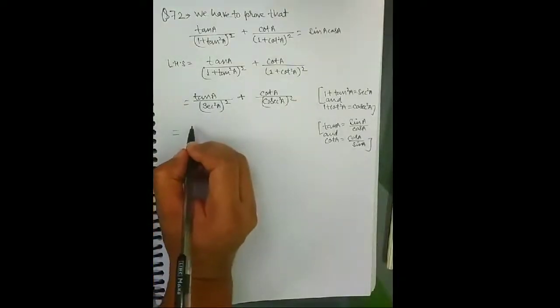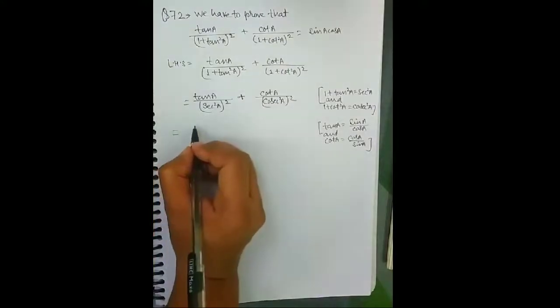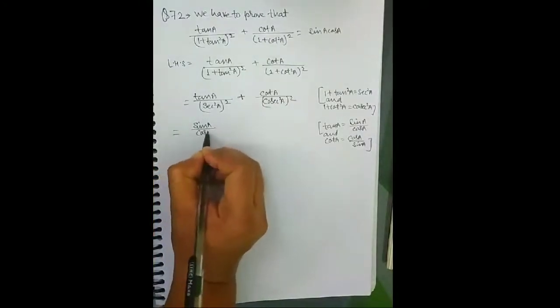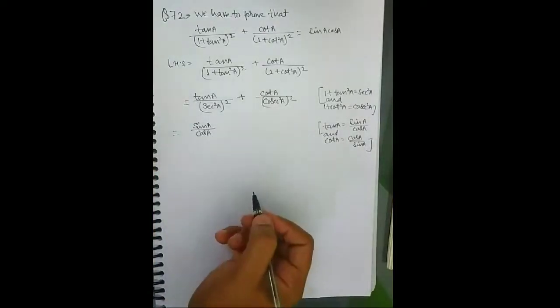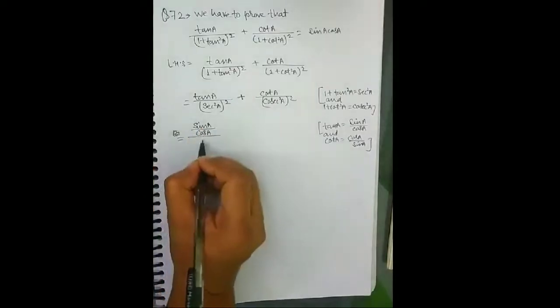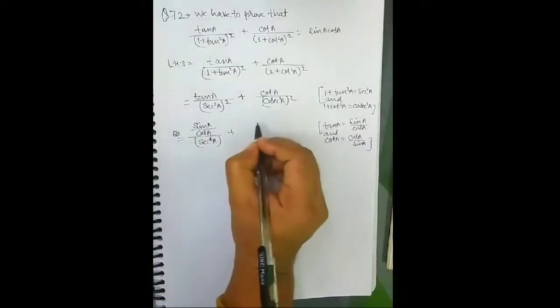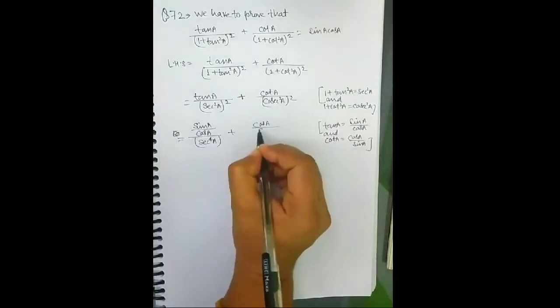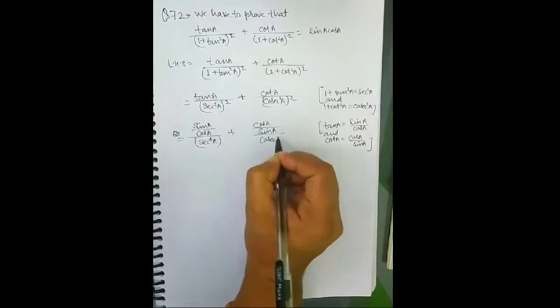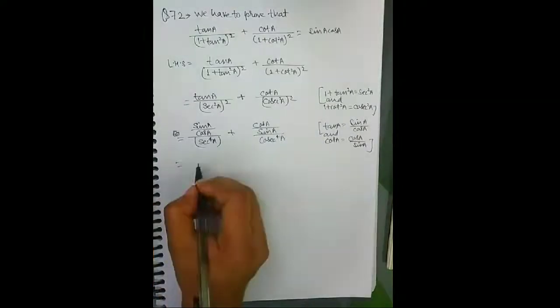So we can write tan A, that is sin A upon cos A, upon sec to the power 4A, plus cot A, that is cos A upon sin A, upon cosec to the power 4A.